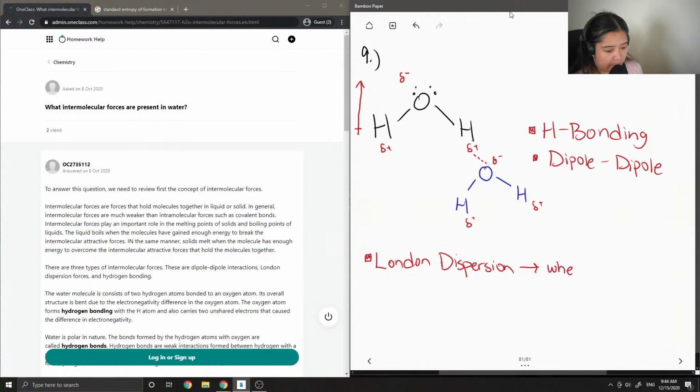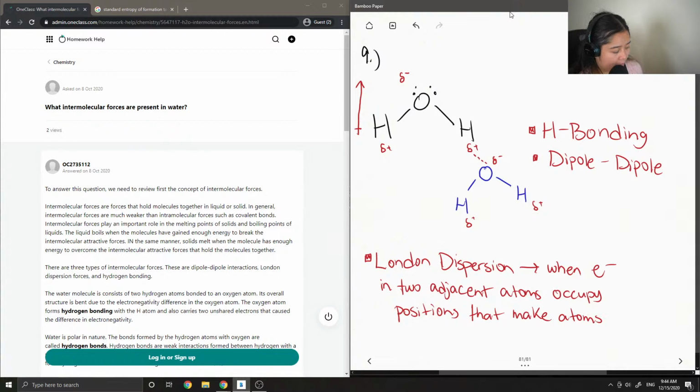So this is when electrons in two adjacent atoms occupy positions that make atoms form temporary dipoles.